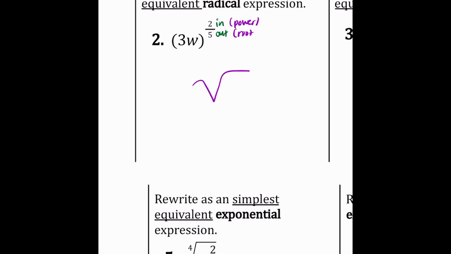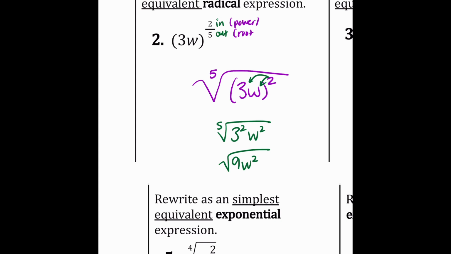So when I write my radical, we have the root of 5. Inside we have 3w, all raised to the power of 2. So everything's raised to the power of 2, so I have 3 squared and w to the power of 2. So 5 is my root, 3 squared, w squared. 3 squared is 9, w squared, all with the root of 5.